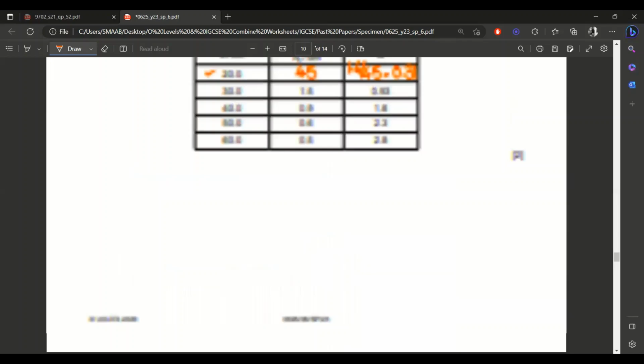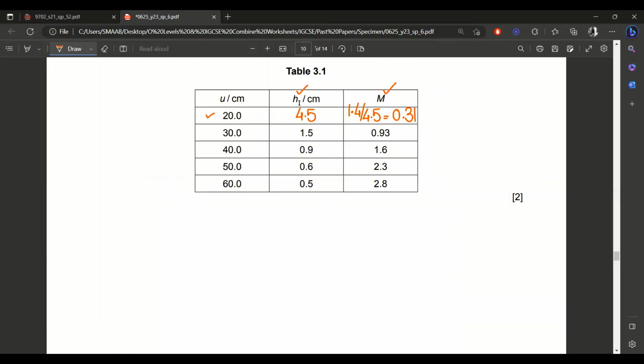The least value of m is 0.31 and the highest value we are getting is 2.8. So if we start from 0, we have to draw 0 to 3 on the x-axis, right? Because all values are between 0 and 3. And for the y-axis, our lowest value is 20 and the highest value is 60. So if we start from 0, we have to draw from 0 to 60 on the y-axis, right?